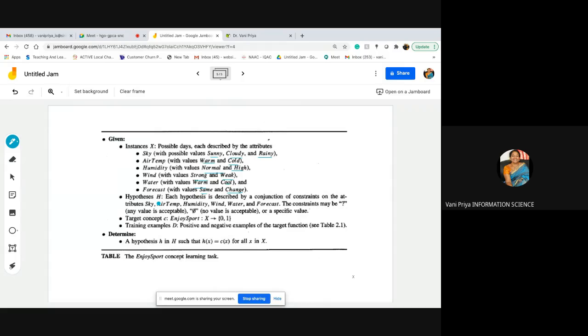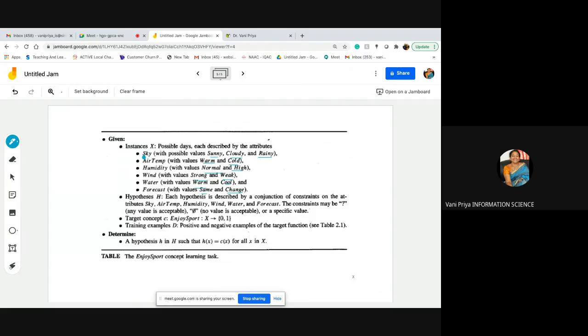As you know, the hypothesis is described by the conjunction of constraints on the attributes: sky, air temperature, humidity, and so on. What is the constraint?